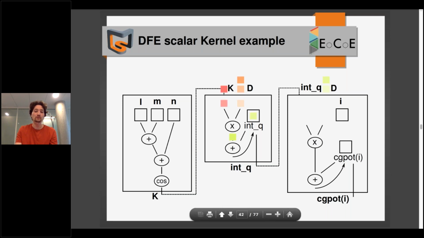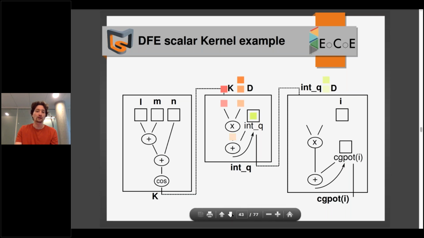If I go one tick back, this is the last operation between K, my first mode, and the last atom that I have to consider. Next tick, K for the second mode will start here while I finish this one.